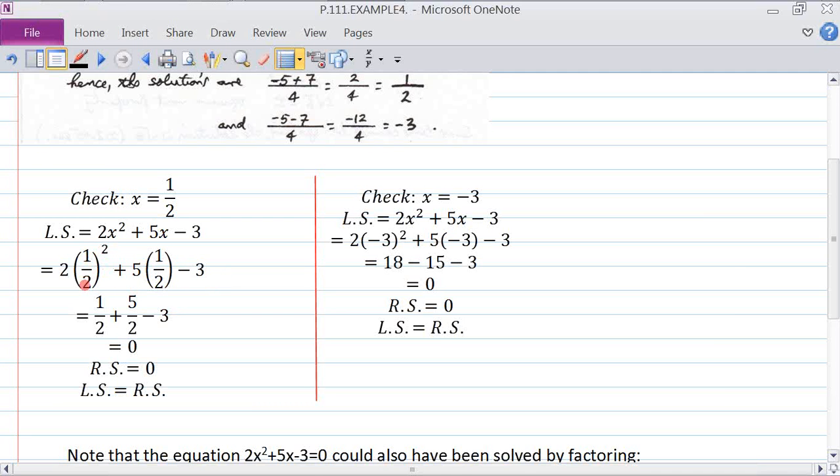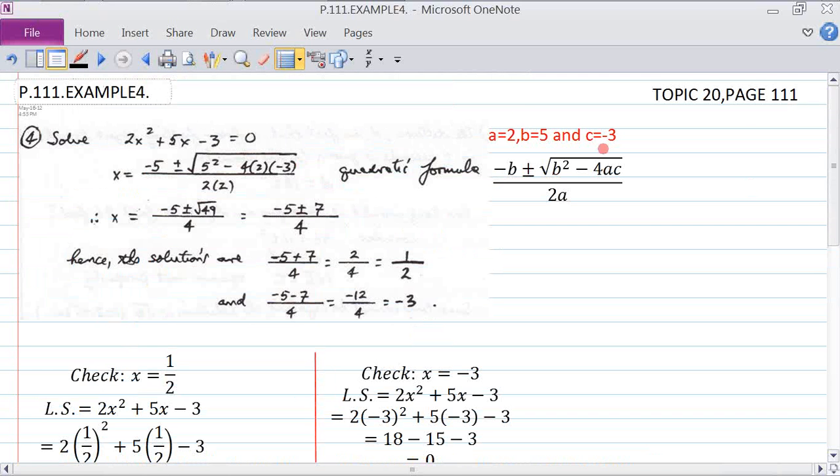A half squared is a quarter, and 2 times a quarter is a half. 5 times a half is 5 halves, minus 3. So if we add a half plus 5 halves, we get 6 halves, which is 3. 3 minus 3 is 0. So the left side equals 0. The right side is 0, so the left side equals the right side.